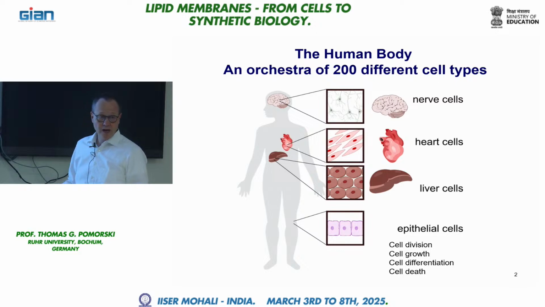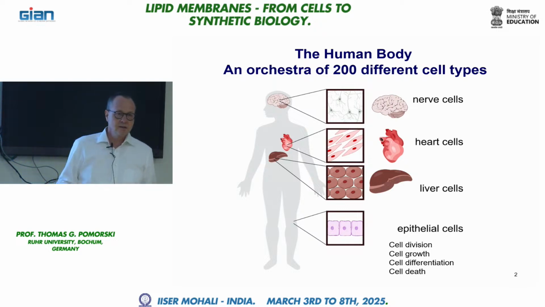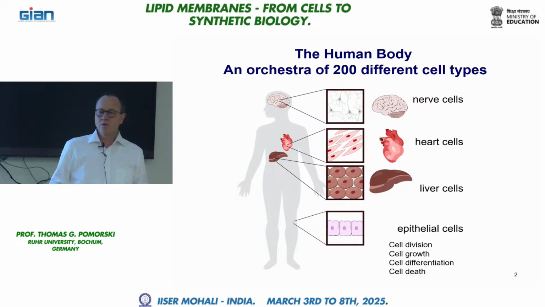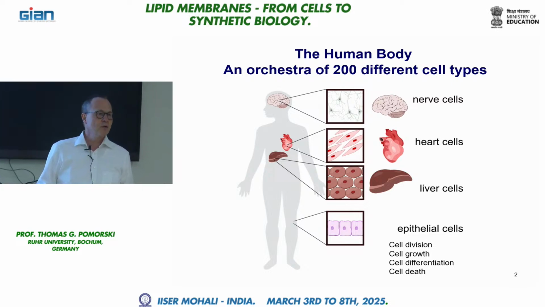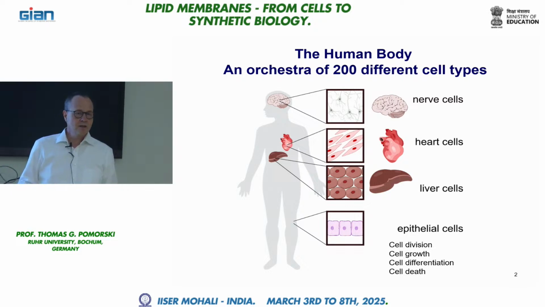Some cells need to die. In such a complex organism like us, with this enormous number of different cells, it's only possible to survive when the cells communicate with each other. Without communication, multicellular organisms are not possible. In particular, specialization of a cell is not possible.